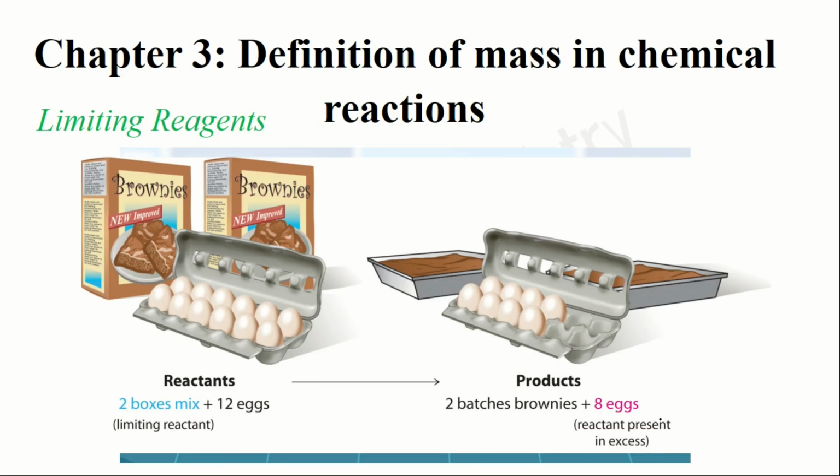So eggs are like reactants present in excess, while cake mixes are limiting reactants. Boxes of mix are the limiting reactant.